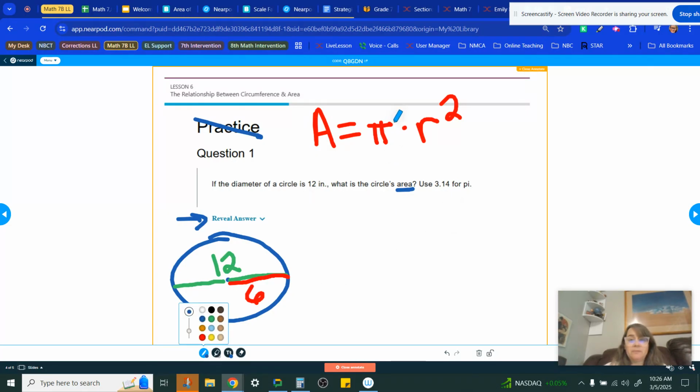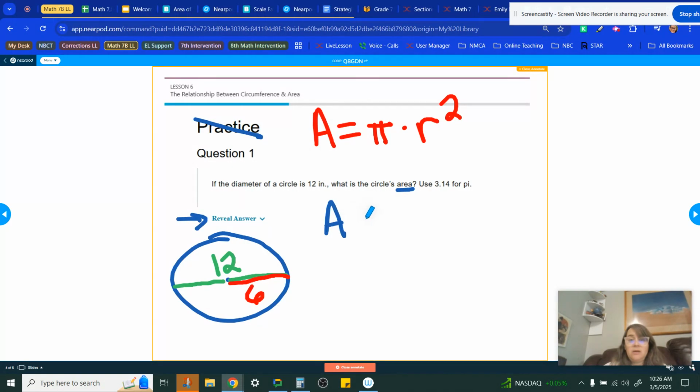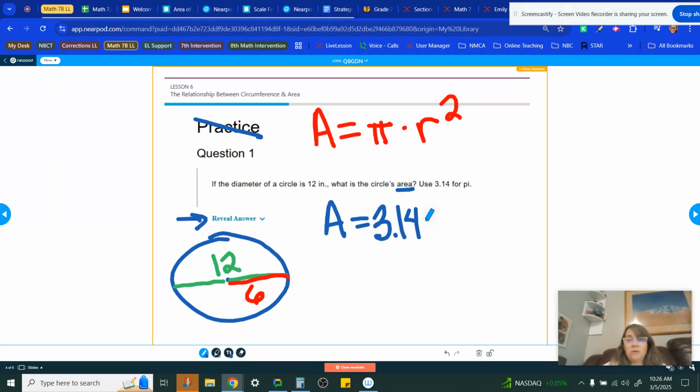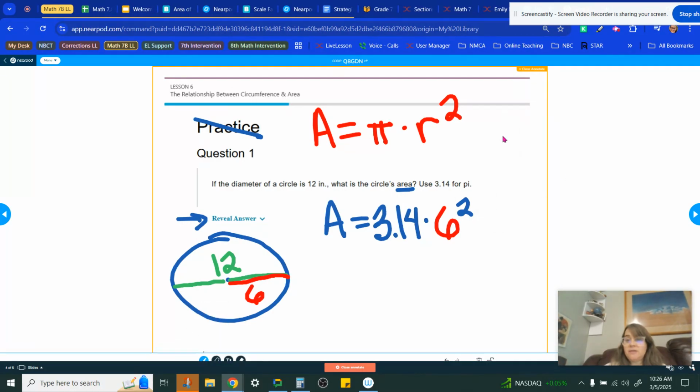Let's do the problem. Okay, area equals 3.14, not the pi button, times 6 to the second power. Okay, and now I kind of have to remember something I learned a while ago, and that's GEMS or PEMDAS.